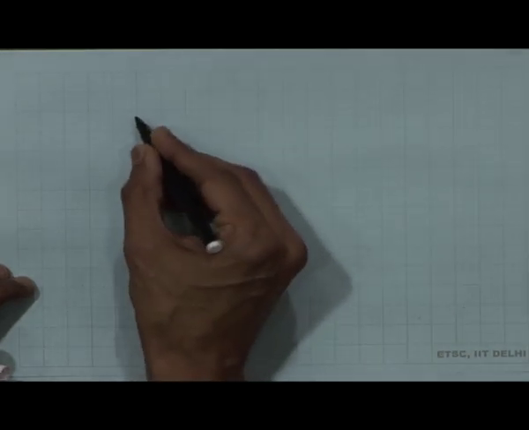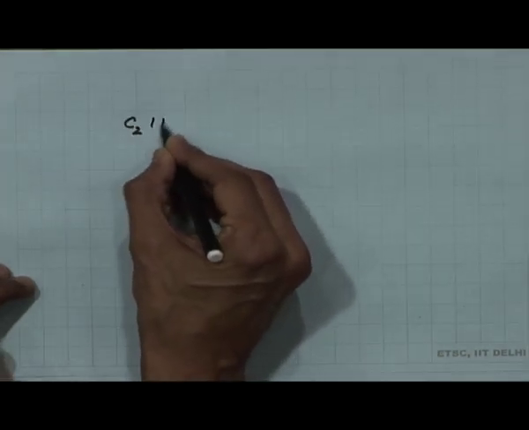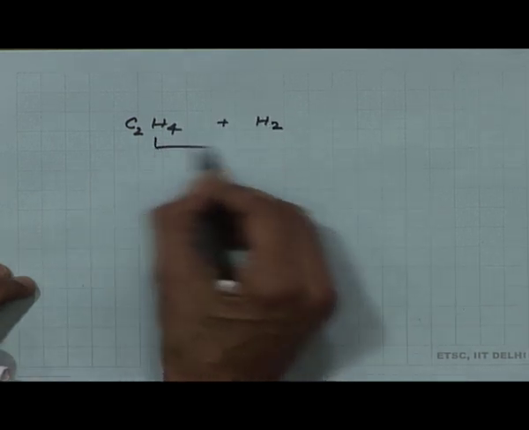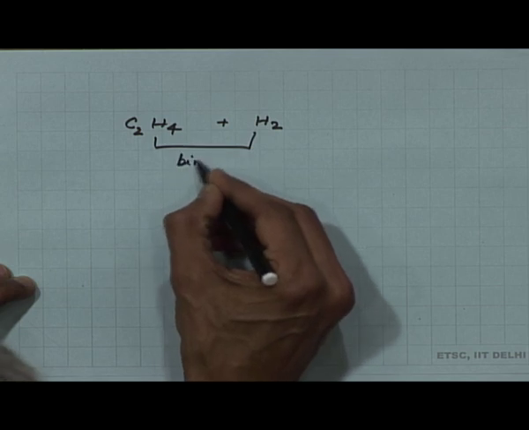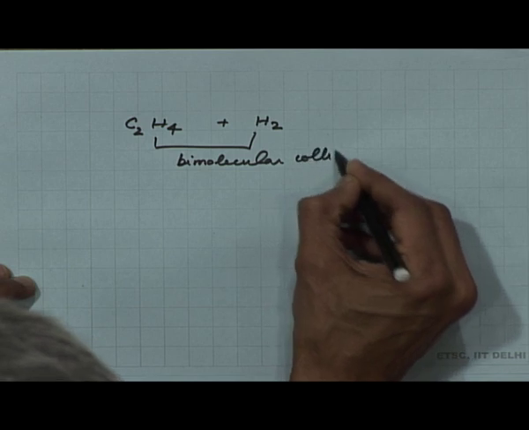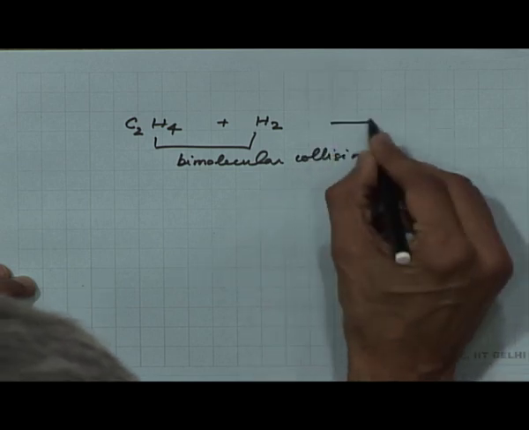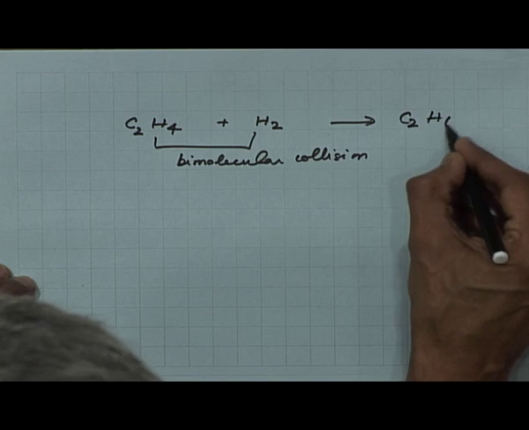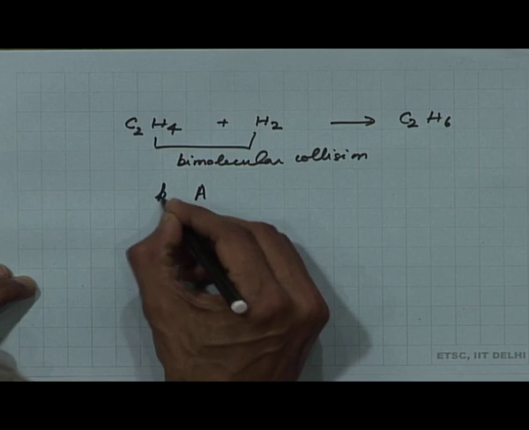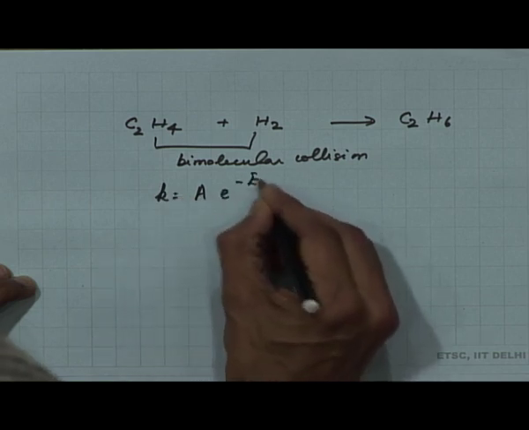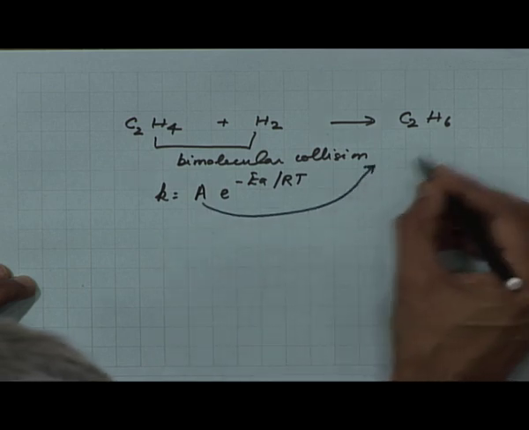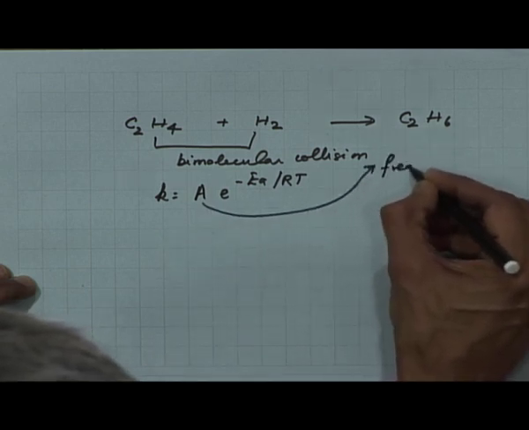In the gas phase, imagine that you have C2H4 reacting with H2, you have a bimolecular collision to give you ethane. Let us imagine that this is it, and A in this expression is related to the bimolecular collision frequency.